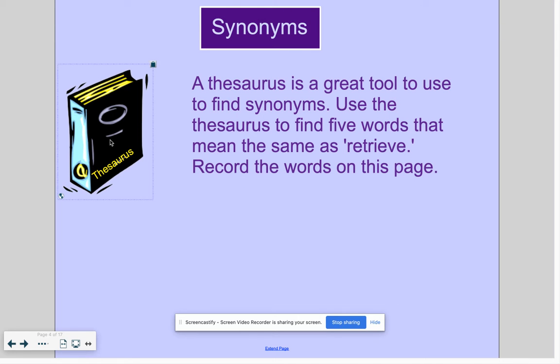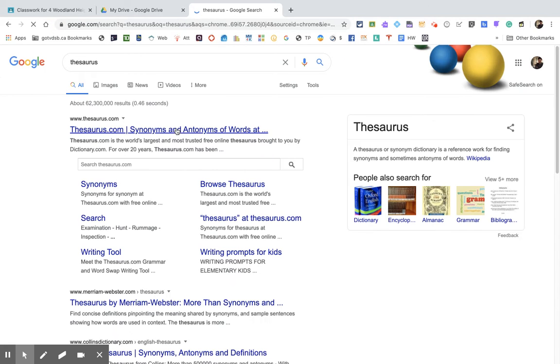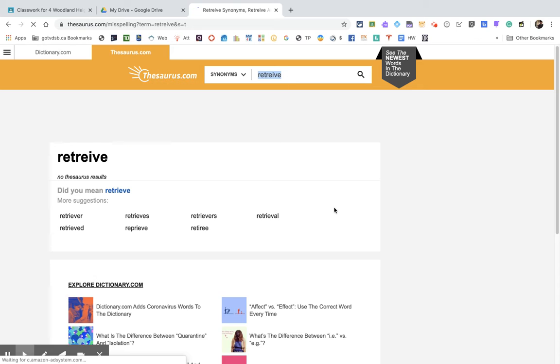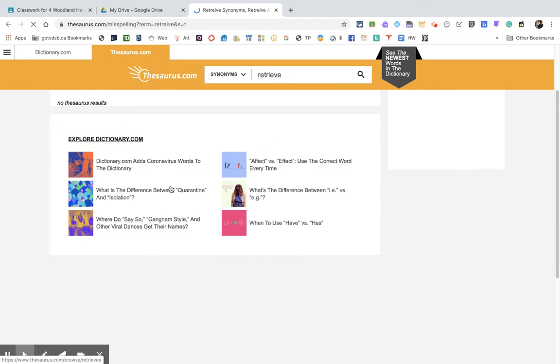So what you could do if this was a live class is click on that little link and go to an online thesaurus, which is not working. So let me try this. So I'm going to go to the thesaurus, and I want to find words that mean retrieve. And if you can see, yes, I meant to retrieve.